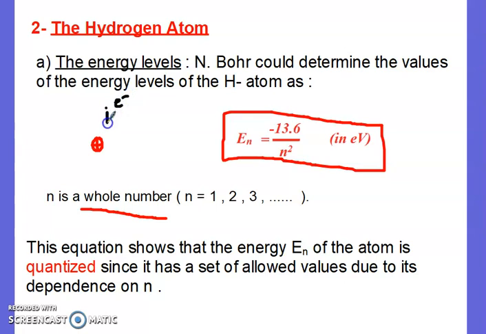So there is attraction between them. This is called bound system. It means to separate the electron from the proton, you have to do external work. Means you have to give the atom external energy. That's why the energy of the atom here is negative. This is called bound system.